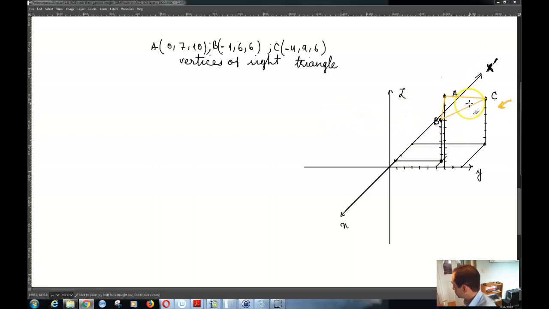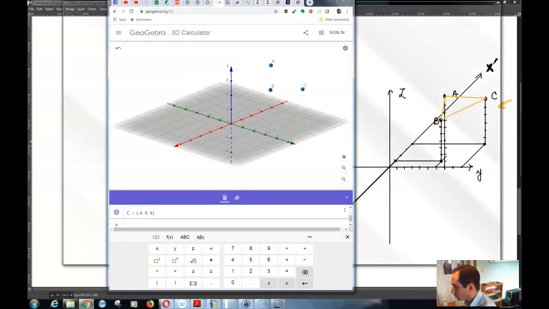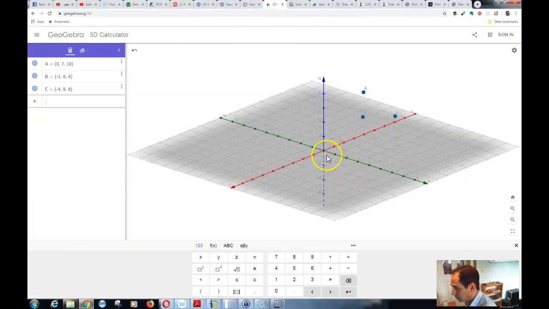And you can see these points in this orientation, but you need to pay attention to the fact that your axes are actually in this orientation, meaning that looking at this coordinate system, this is the y-axis and this is the x-axis, and this is the z-axis, this is the y-axis, and this is the x-axis.